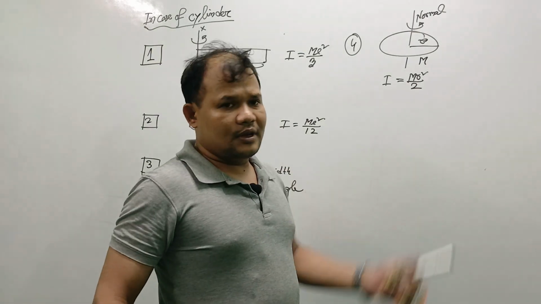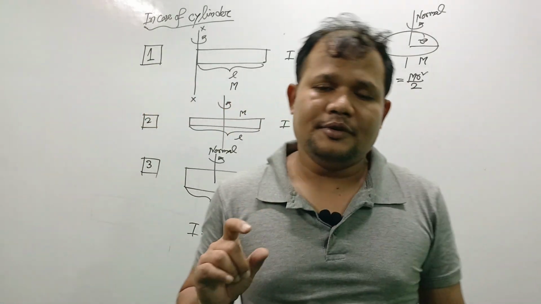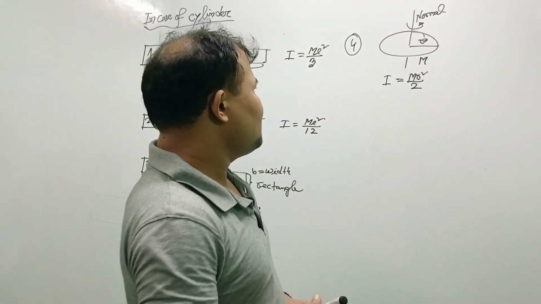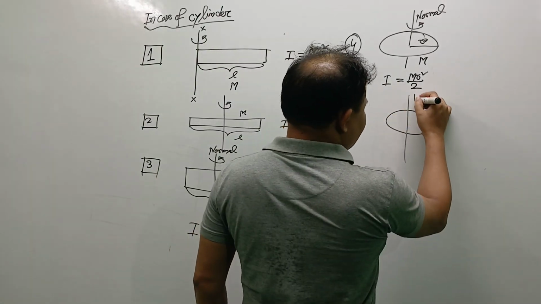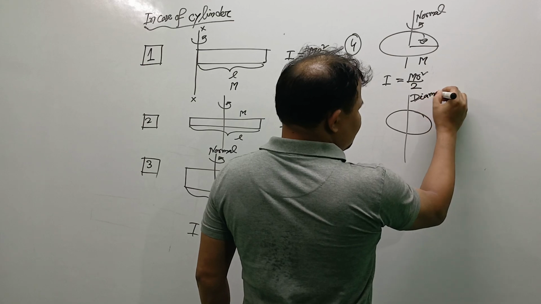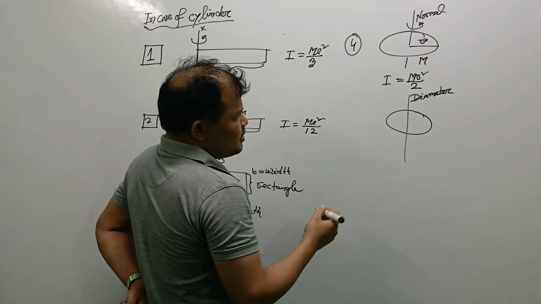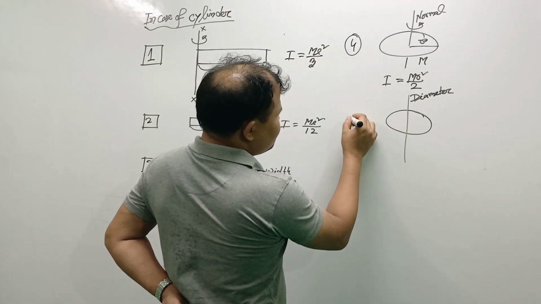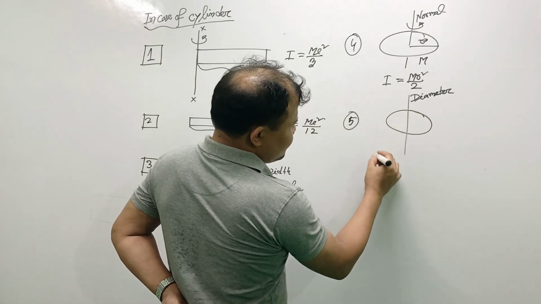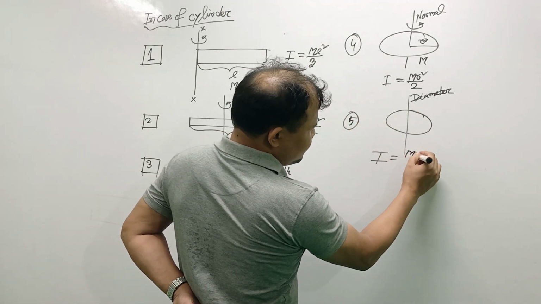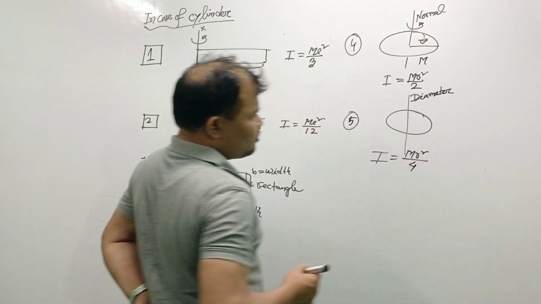As this is the normal, the moment of inertia will be M R square divided by 2. But number five, if the rotational axis is a diameter, then the moment of inertia will be M R square divided by 4.